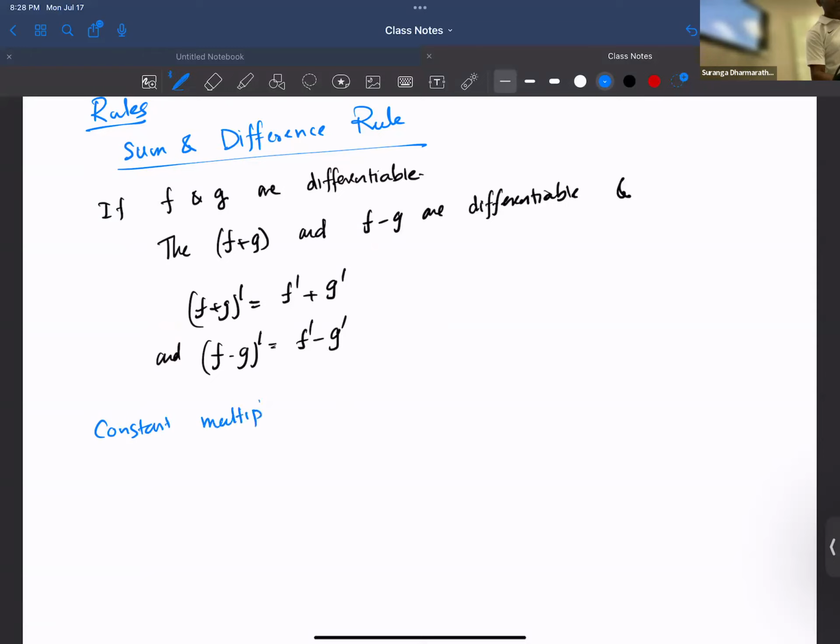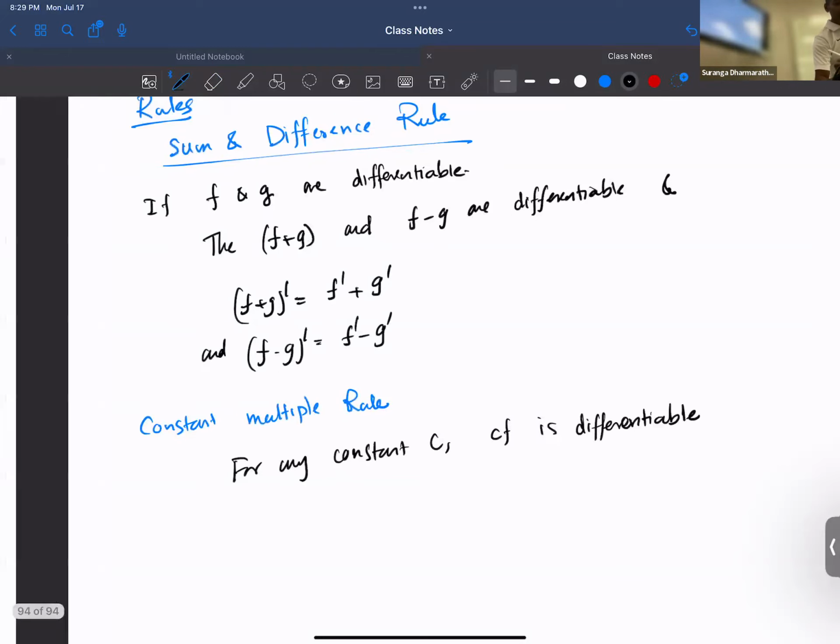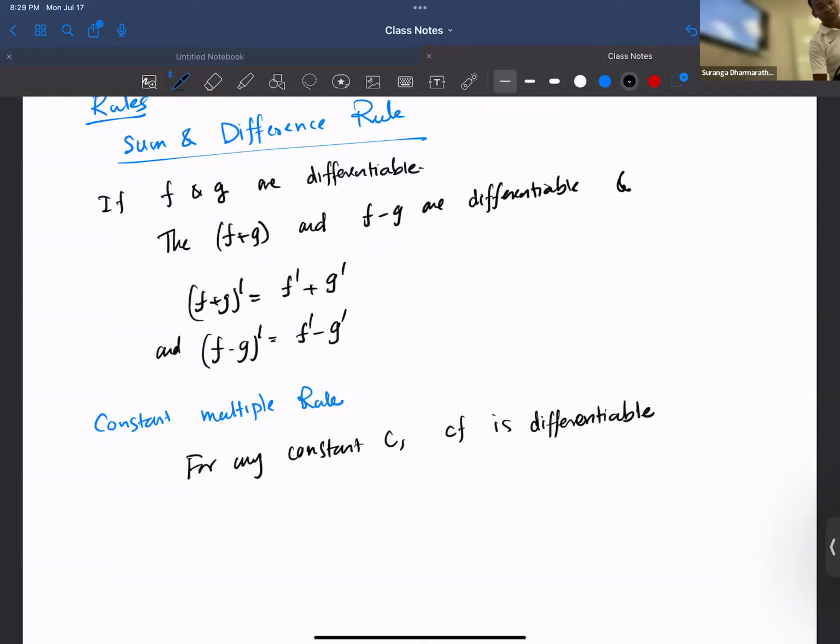For any constant c, if f is differentiable, then cf is differentiable, and cf prime is equal to c times f prime.